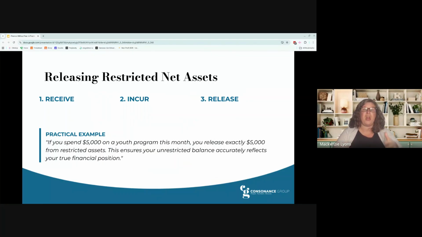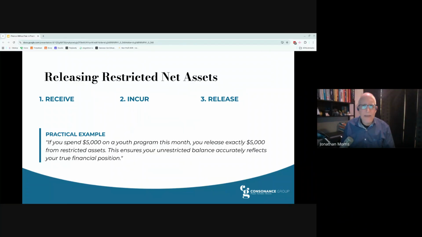If I have a restricted grant for a youth program, and in a given month we spend on staff time, supplies, and a fair share of rent, and then the admin for that program, we can charge those direct and indirect costs to the program and then release the restricted net assets in an amount that matches those total costs.